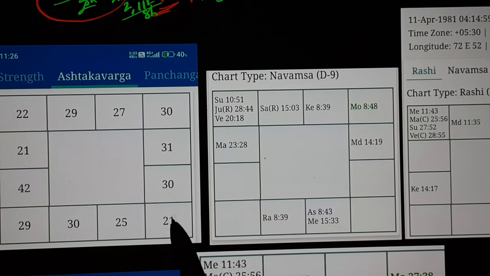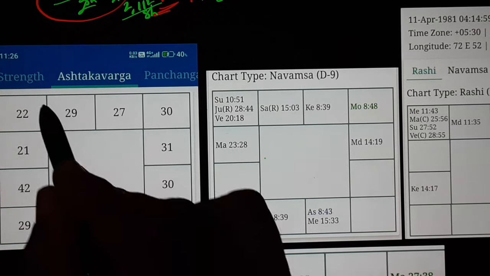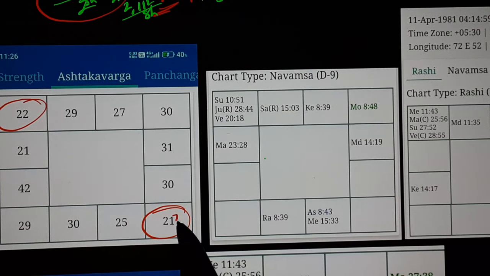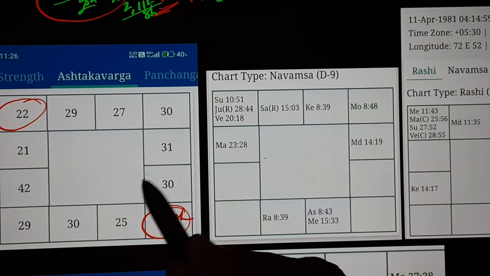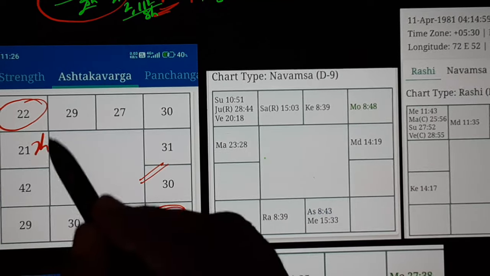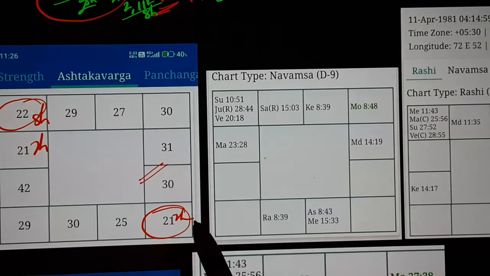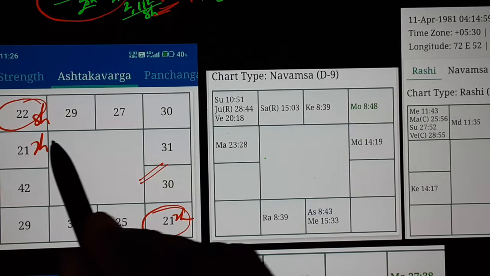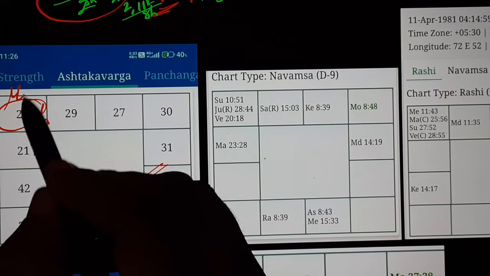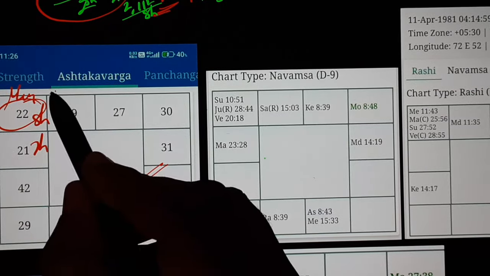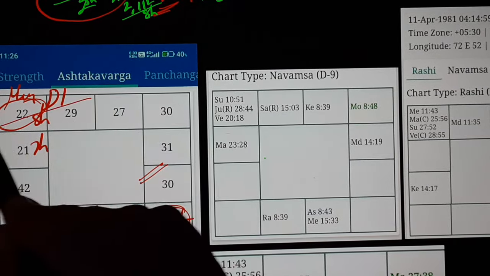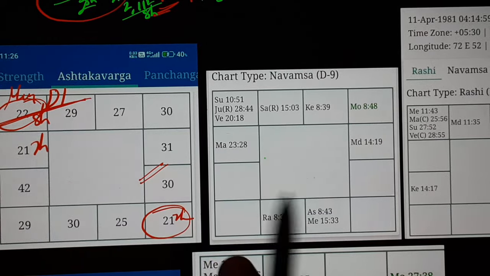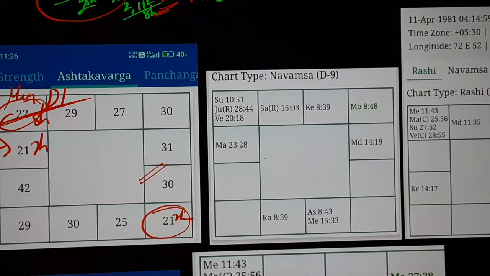In the Ashtakavarga, we can see that the 2nd house, the Lagna, the 7th house and the 8th house all have very weak points, and Mercury is posited in the D1 chart in the 8th house. How many points is Mercury actually giving to the 7th house?